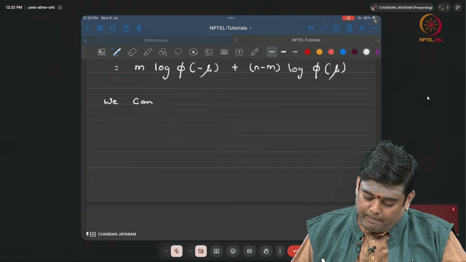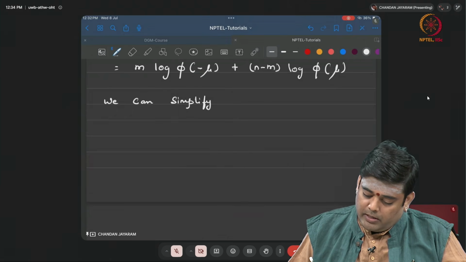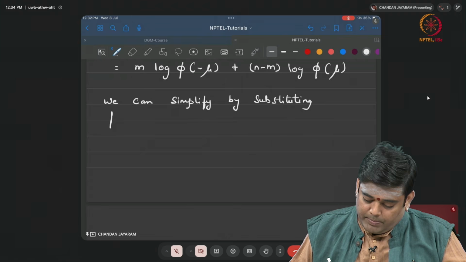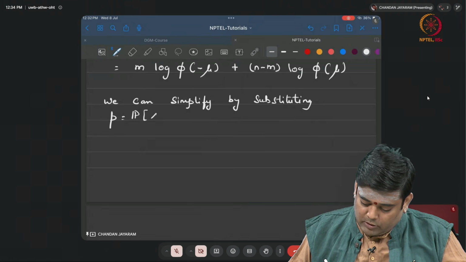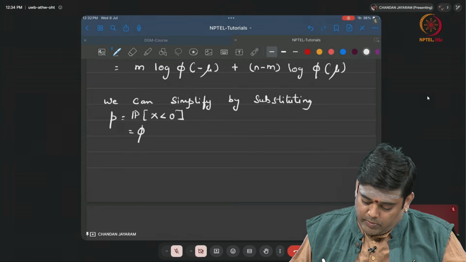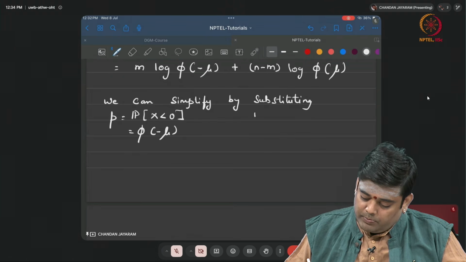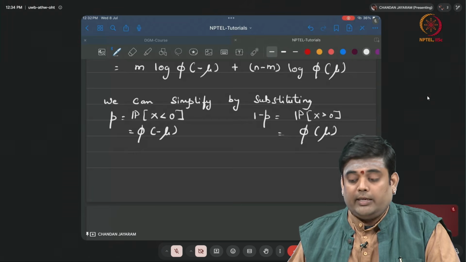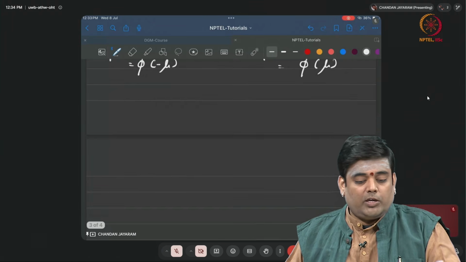We can simplify by substituting. Let us say that P is the probability that x is less than 0, this is phi of minus mu, and 1 minus P is the probability x greater than 0, this is phi of mu. Now we can easily substitute these.